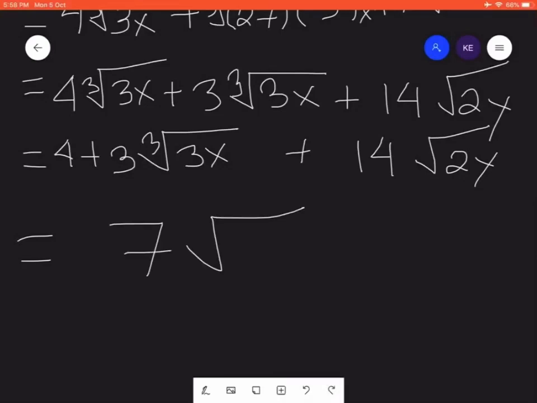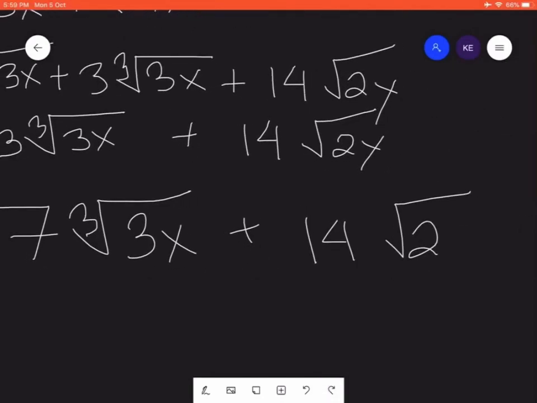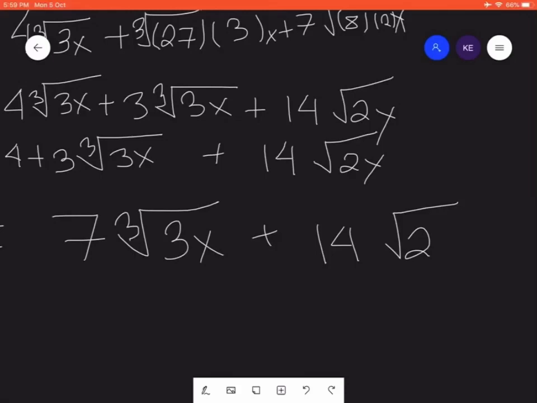Then copy the radical, or radicand, which is the cube root of 3x, plus 14 the cube root of 2y.